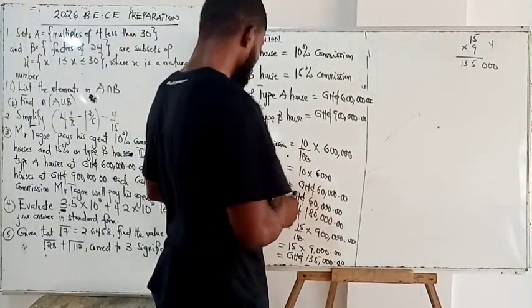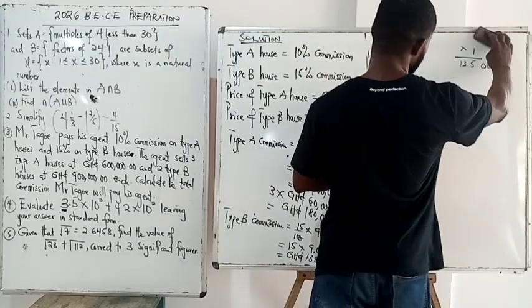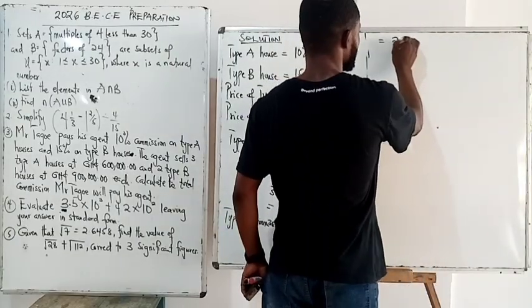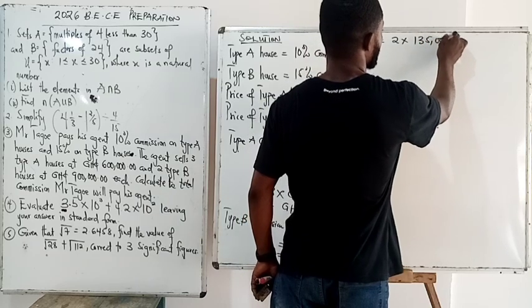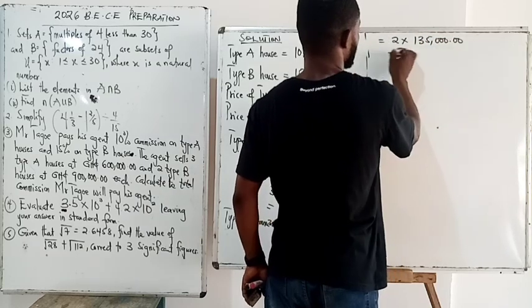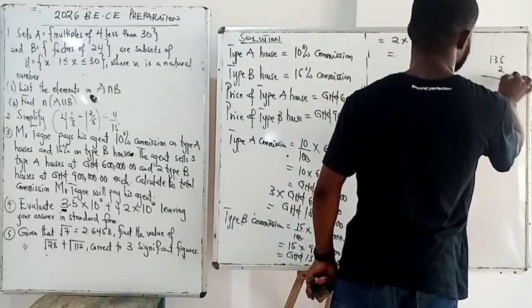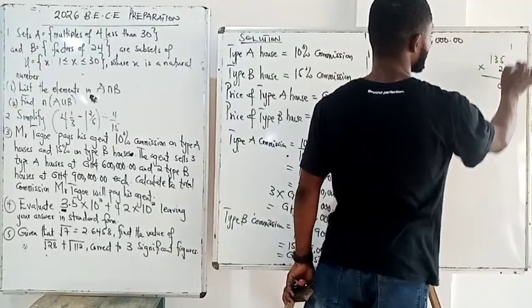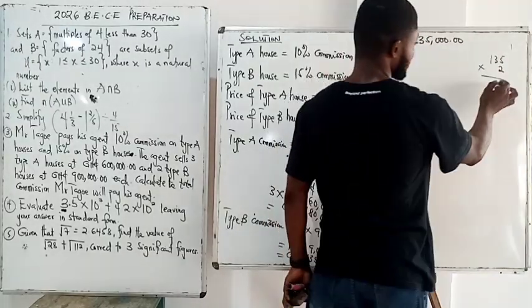And then here we're told that the houses were 2. So the 135 is going to be multiplied by 2. 5 times 2, 10, 1 here. 2 times 3, that is 6 plus 1, 7.